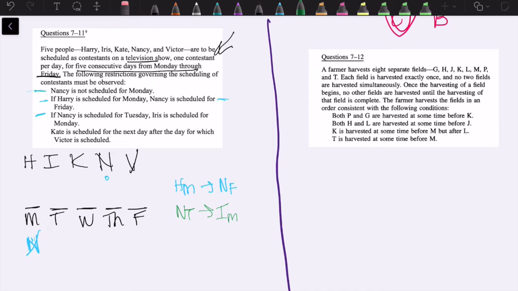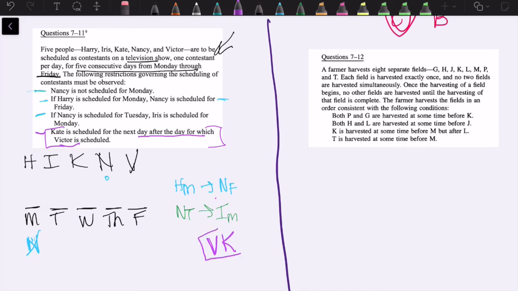And then lastly, we have K is scheduled for the next day after the day for which V is scheduled. So this is kind of a tricky rule, so we have to think about it. K is scheduled for the next day after the day for which V is scheduled. So whenever V goes, what happens? K is right afterwards.